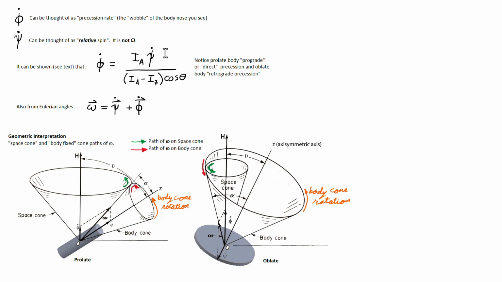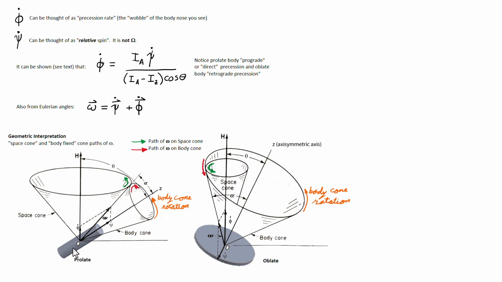Also, notice that omega can be written in terms of these two different inertial rates. But a really useful way to think about this motion is this geometric interpretation of space cones and body fixed cones.